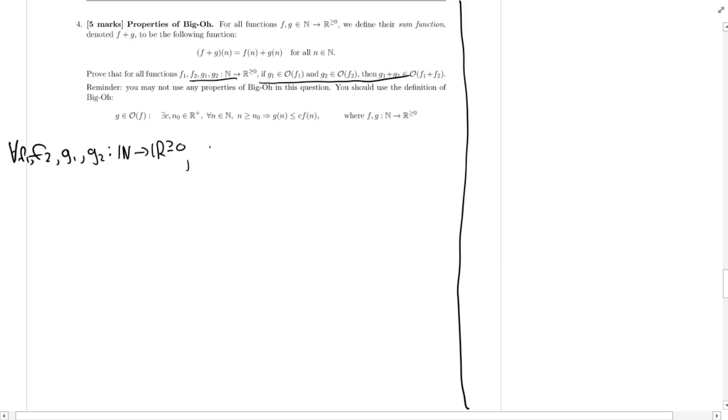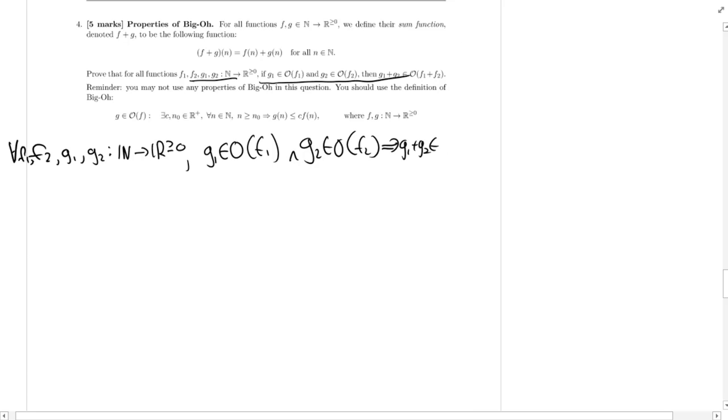So if G1 is O of F1 and G2 is O of F2, then G1 plus G2 is O of F1 plus F2. Okay, so let's do this.